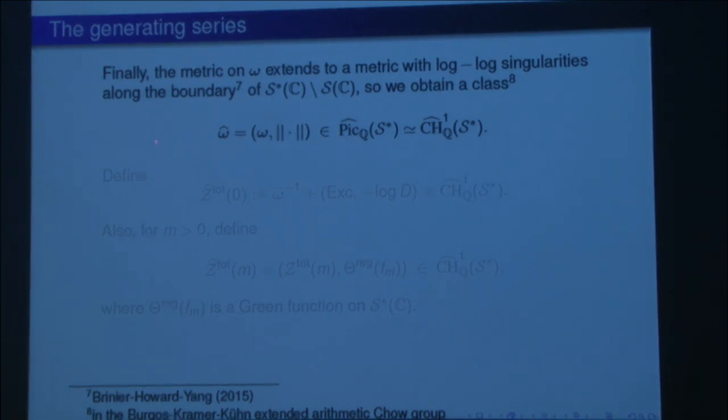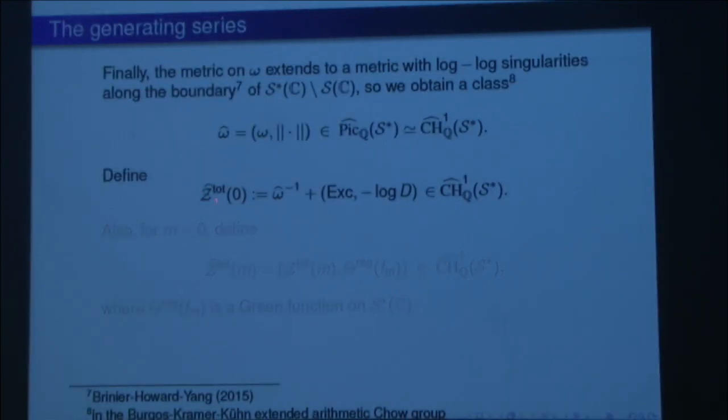And so it turns out that this metric extends to a metric with singularities along the boundary. And so we're actually using not the classical Gillet-Soulé groups here, but the slight variant or improvement of them due to Burgos, Kramer, and Kühn, where they allow slightly singular metrics. And so that's what's secretly being used here. So the metrics on this hat are allowed to be singular along the boundary, a little bit singular.